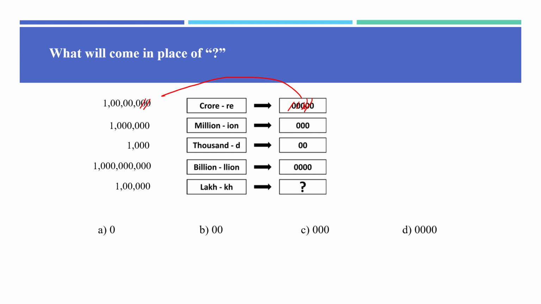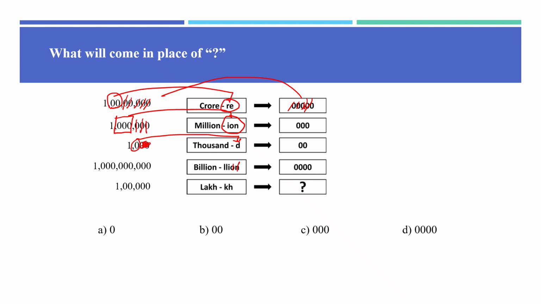Let me cancel 1, 2, 3, 4, 5 zeros, and 2 zeros are left. Here 3 zeros are there. Let me cancel it, and 3 zeros are left. And here 2 zeros, 1 zero is left. Oh, wait a minute, 1 zero and 1 letter. 3 zeros, 3 letters. 2 zeros, 2 letters.